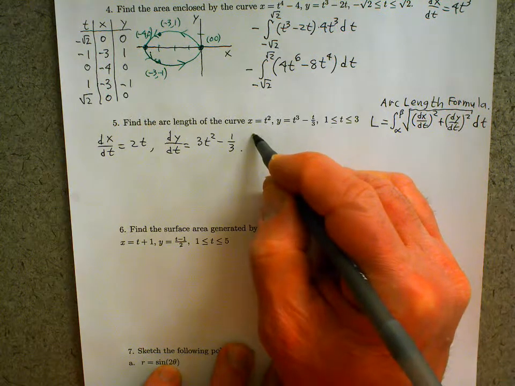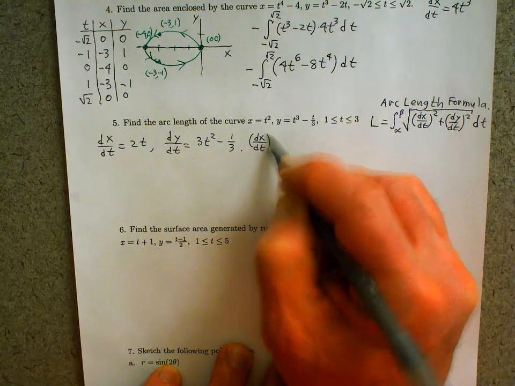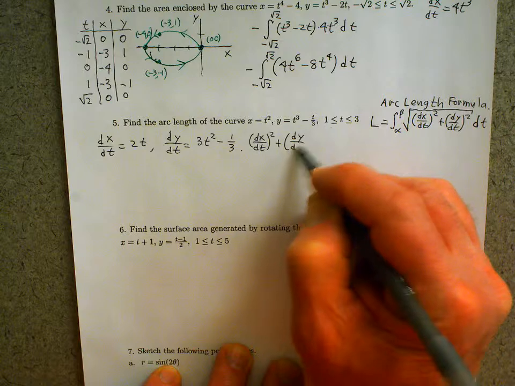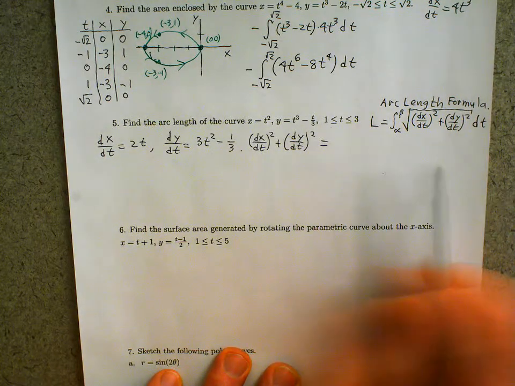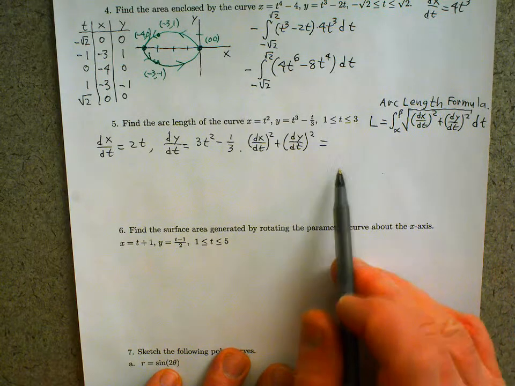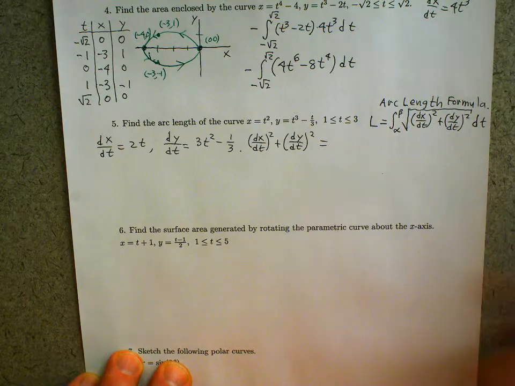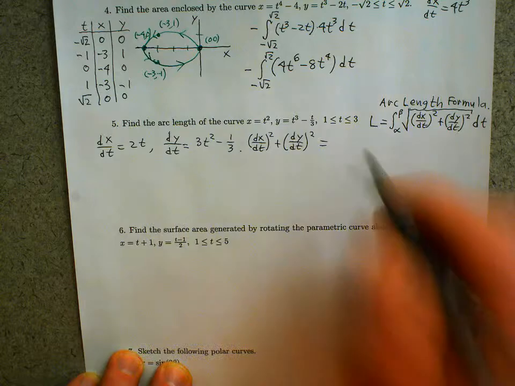And in the next step, let's just find (dx/dt) squared plus (dy/dt) squared. And then after that, after simplifying a little bit, if possible, we'll put that inside of the square root in the integral. So (dx/dt) squared is 4t to the second.